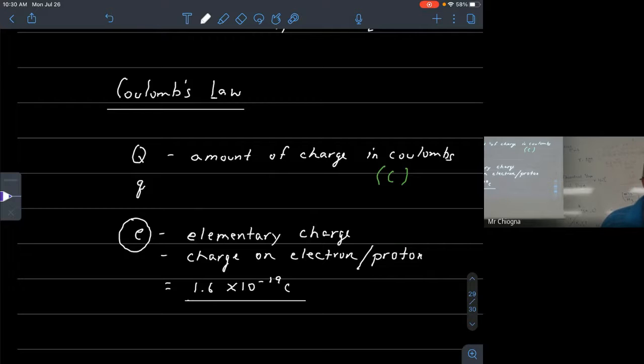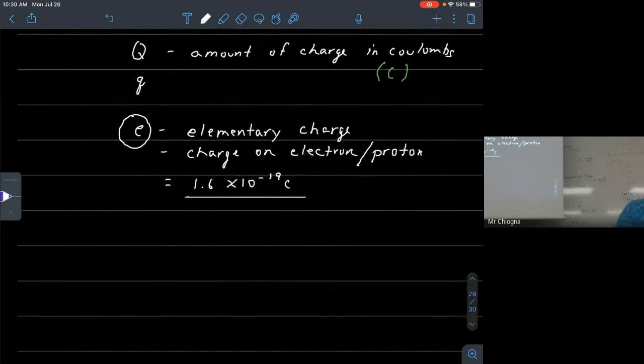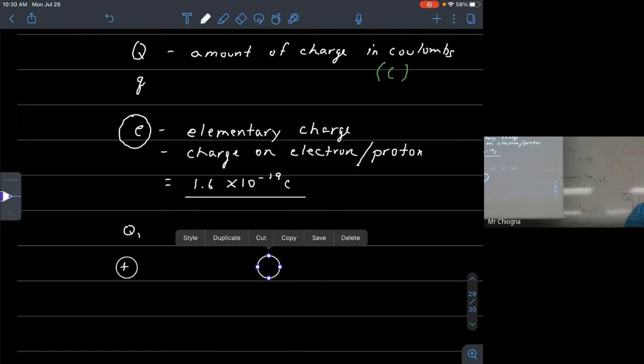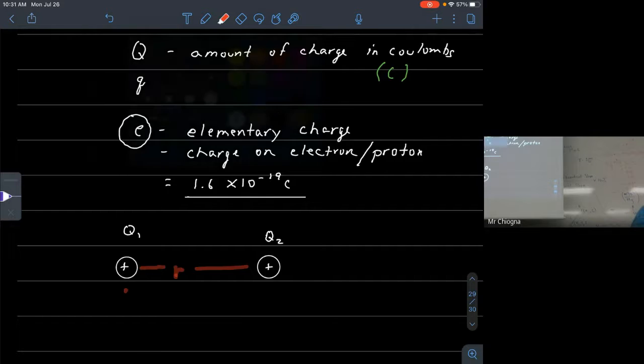Okay. So if we've got two charges, let's say this charge is stationary here at this point. This is your distance r between them.